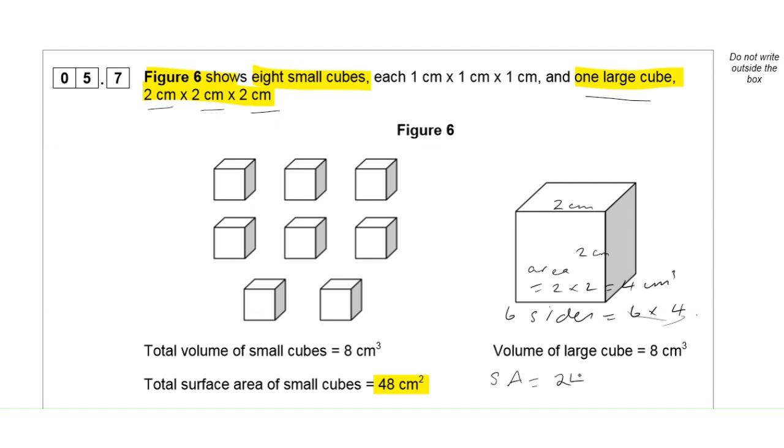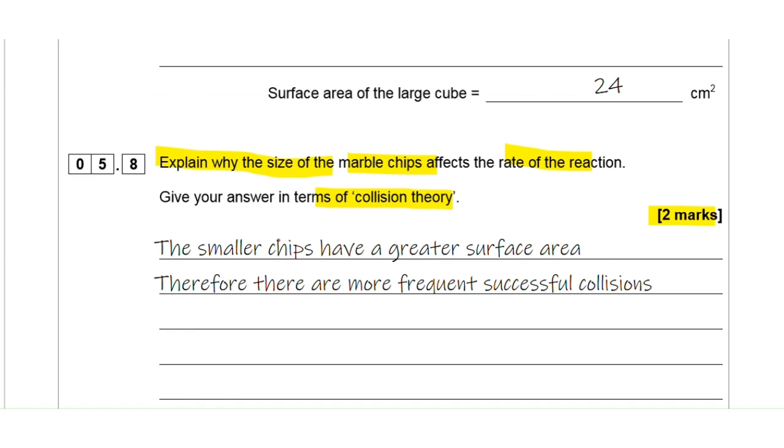So the surface area of the small cubes is greater. It's actually double. So in collision theory, that means there is a greater surface for the collisions to happen between the acid and the marble. So for our 2 marks, the smaller chips have a greater surface area, therefore more frequent collisions.